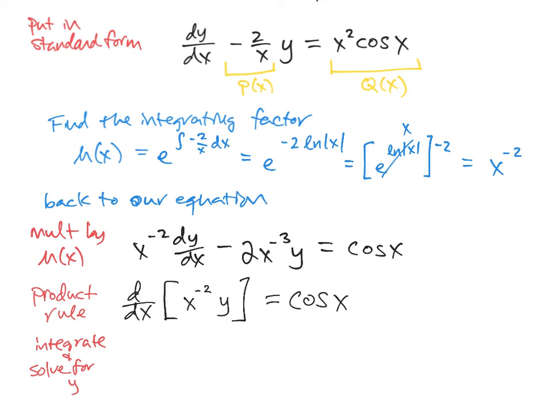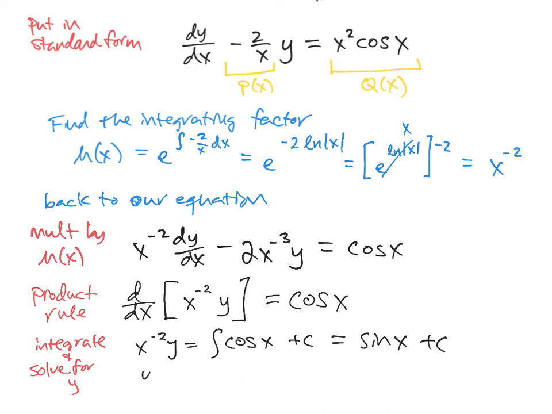And we get x to the negative 2 y equals the integral of cosine of x plus a constant, which of course we can do. So what is that? Sine of x plus c.